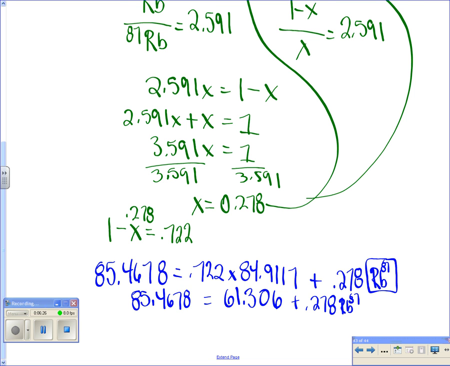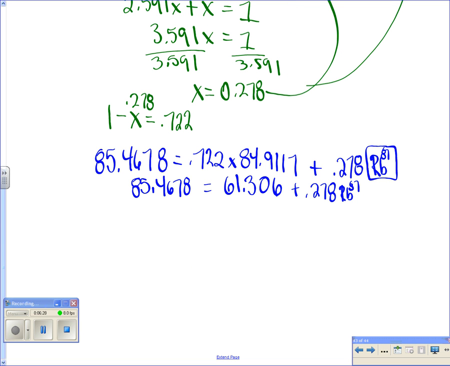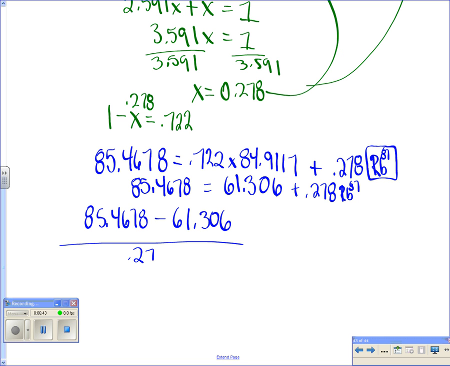Then I'm going to combine terms, so I'm going to subtract the 61.306: 85.4678 minus 61.306. I'm going to divide out the 0.278, and I'm going to end up with my rubidium-87 answer.